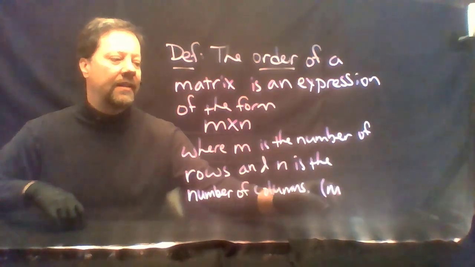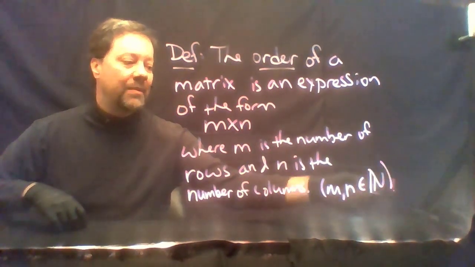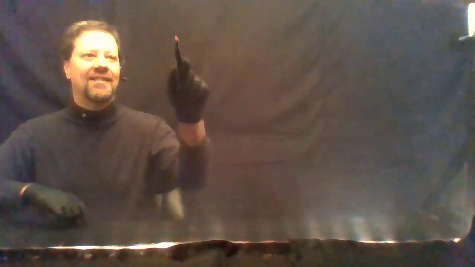You can see that m and n must be natural numbers. A matrix is called square if it has the same number of rows as it has columns.